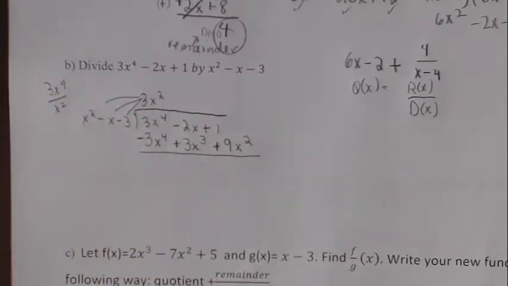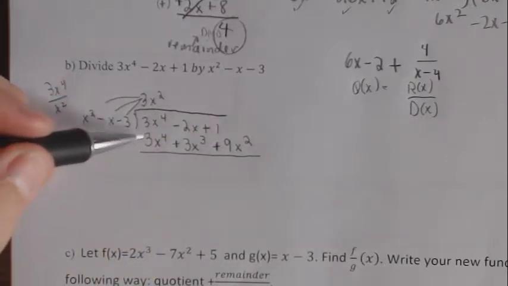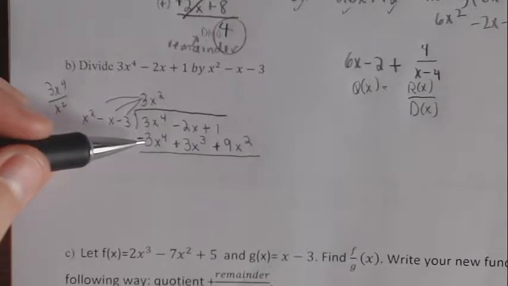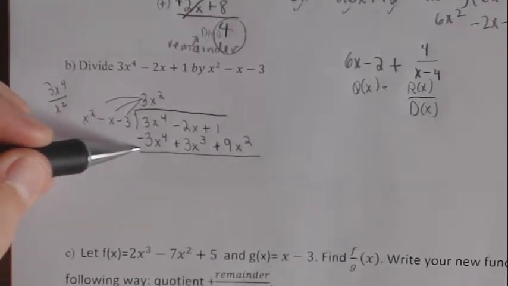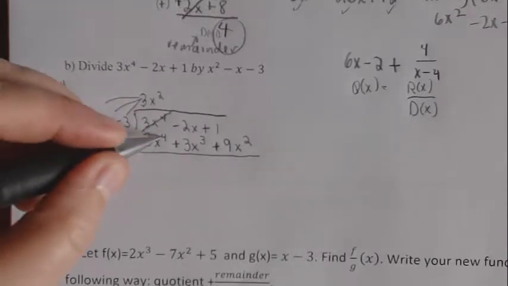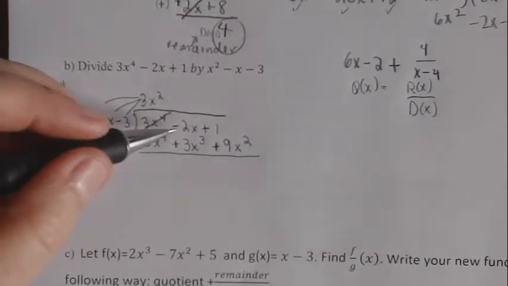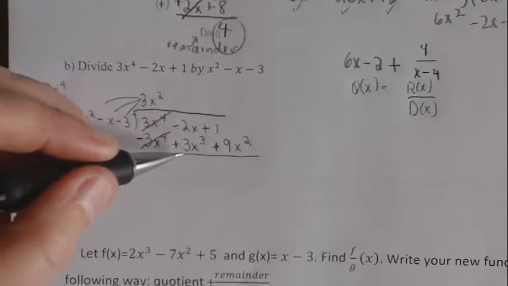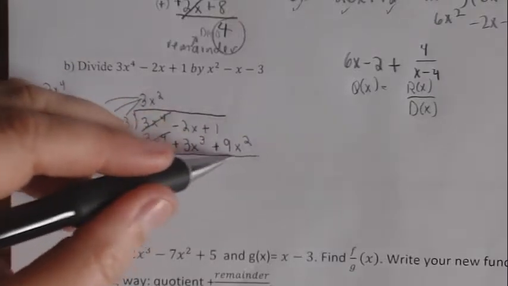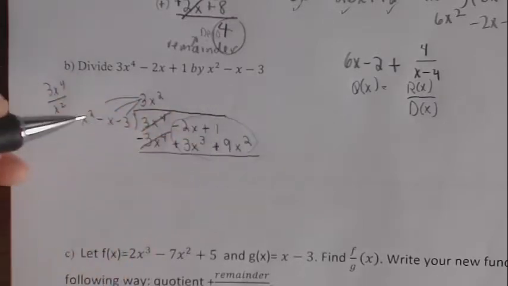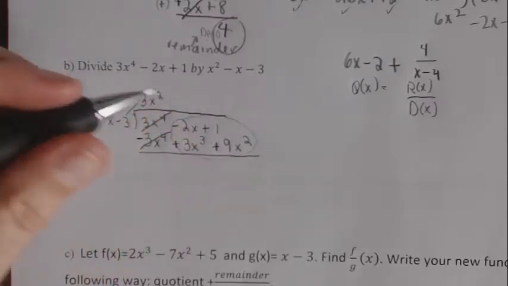And now you'll see what happened. You're missing terms here. So you just have to be careful not to add things that aren't like terms. So 3x to the fourth plus a negative 3x to the fourth, they are like terms and they add to 0. But negative 2x and 3x cubed are not like terms. So if you look at all four of these terms, you just want to take care to write them in descending order and do not add them together because they're not like terms.